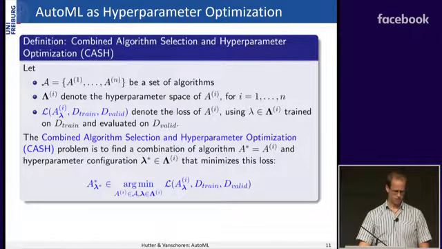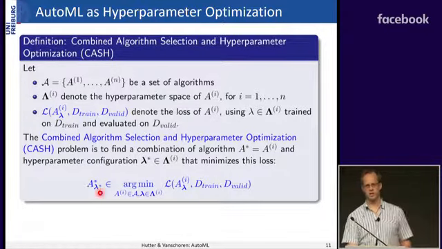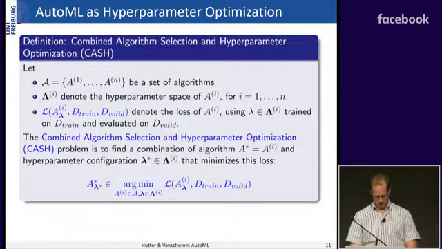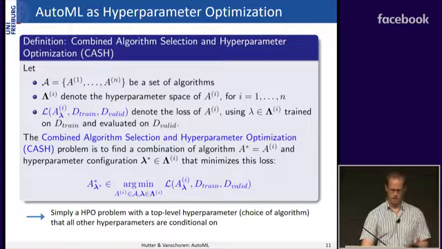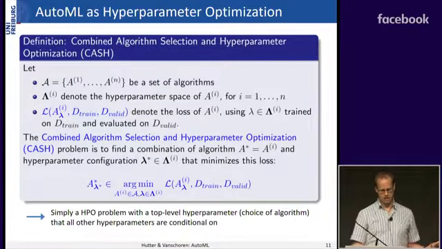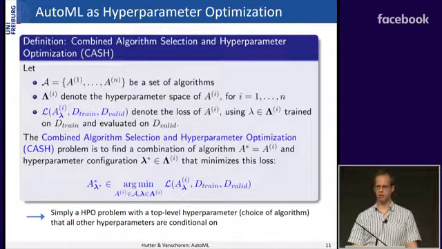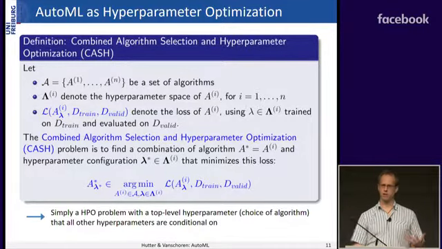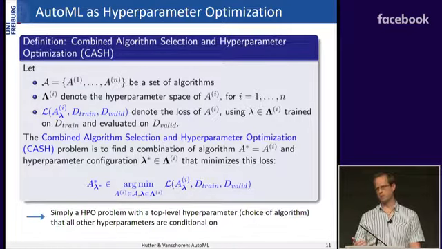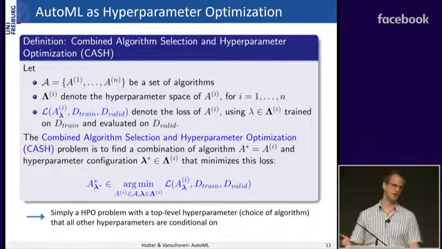And you again have a loss function, and now the problem is to find the combination of the best algorithm and its hyperparameters to jointly minimize this loss. And with that, you can write this combined algorithm selection and hyperparameter optimization problem as just a hyperparameter optimization problem, where you have one top-level hyperparameter that's a choice of machine learning algorithm, and all the other hyperparameters are conditional on that choice.